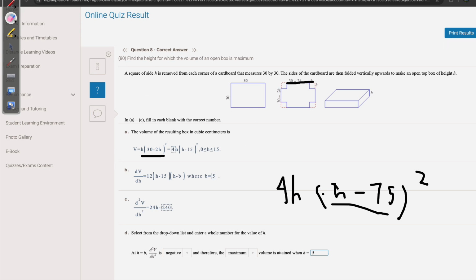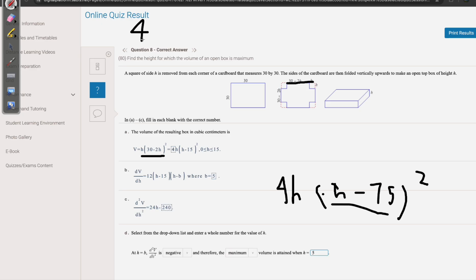And now for part B, they want us to derive. We could do chain rule, but what's better for us, because for part C we're gonna need it, is to first of all expand, right?